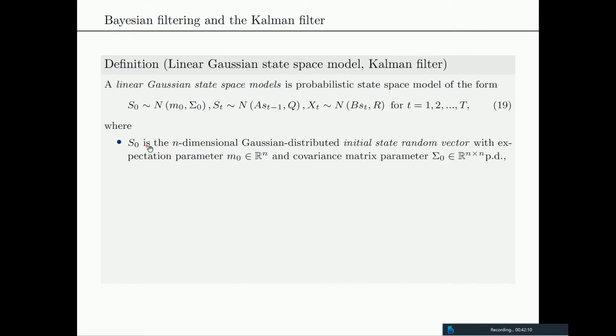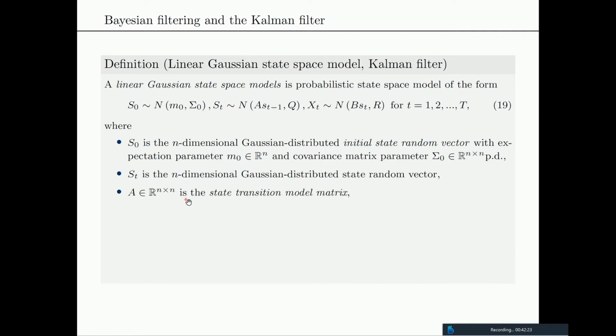S0, n-dimensional Gaussian distributed initial state random vector, expectation parameter M0 and covariance matrix parameter sigma 0. S_t, n-dimensional Gaussian distributed state random vector, state transition model matrix A. It explains how you compute the expectation parameter of the next random state given a value of the random state. You just multiply that.